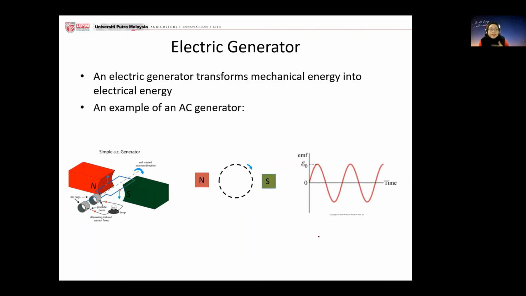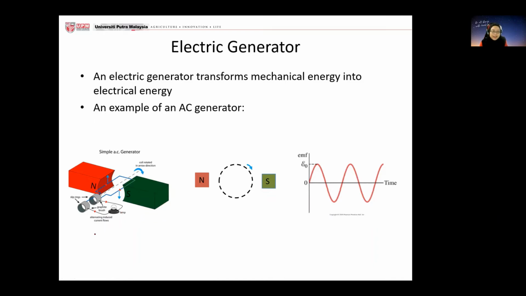The basic description of a generator is that it transforms mechanical energy into electrical energy. I'm sure you guys know this already. That's what we've been saying from day one. It transforms mechanical energy into electrical energy. But how?